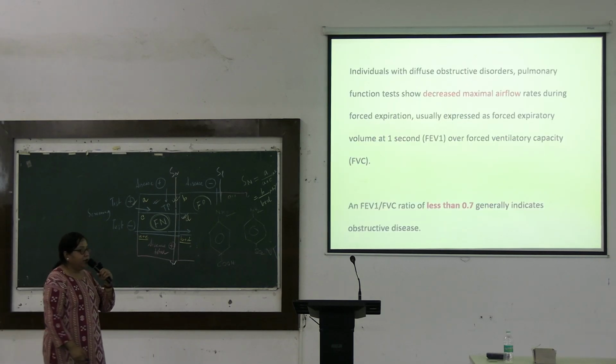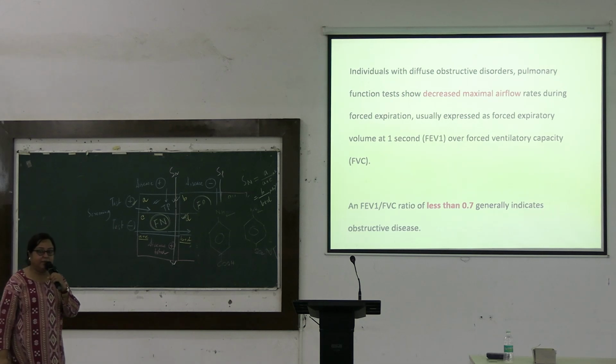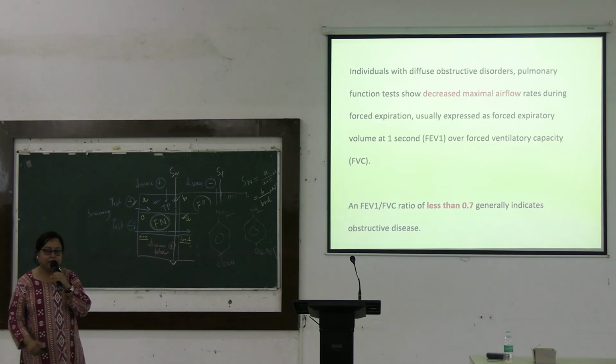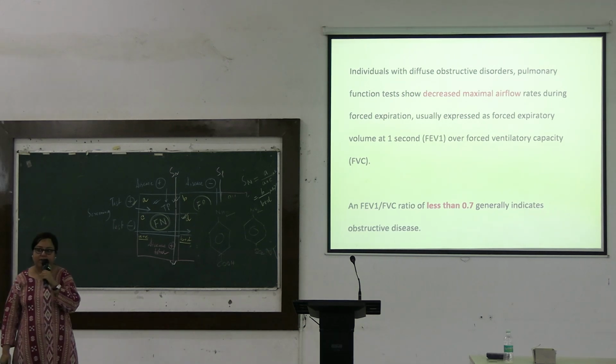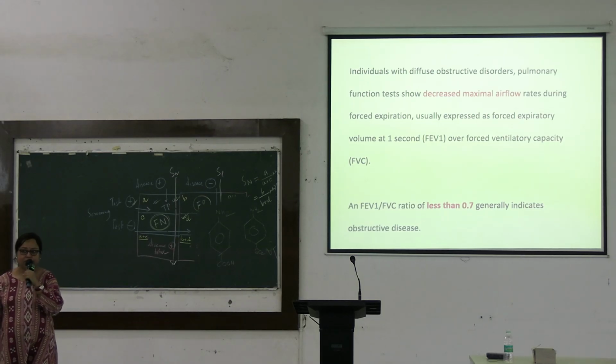In individuals who have obstructive airway disease, as I said earlier, the FEV1 by FVC ratio is very important. In obstructive airway disease, the ratio is less than 0.7. This you should remember.